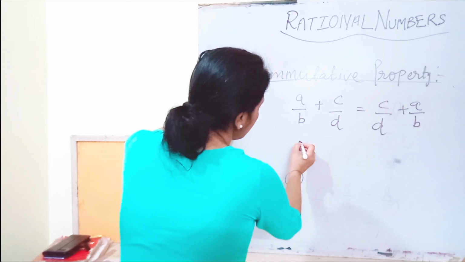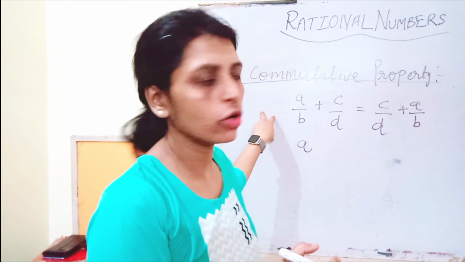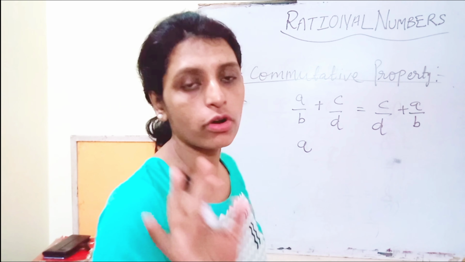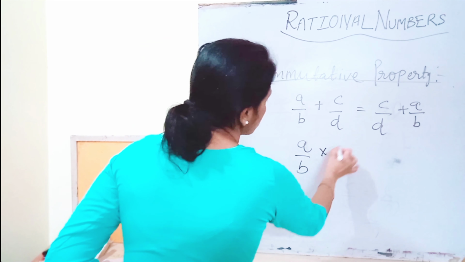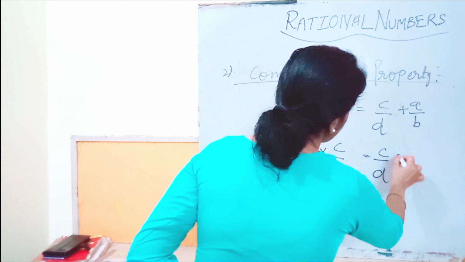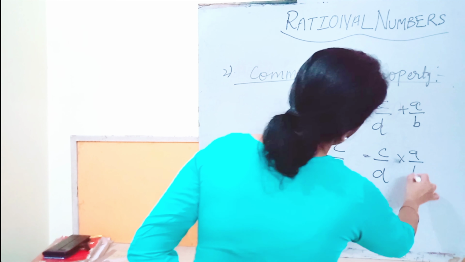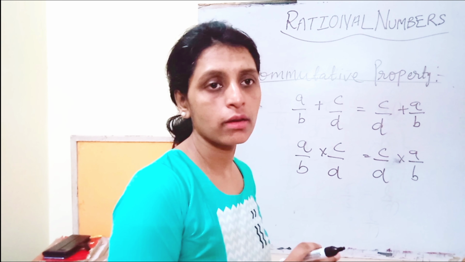Commutative property holds only under the operation of addition and multiplication for rational numbers. Okay? a upon b into c upon d, or c upon d into a upon b, we get the same result. Okay?